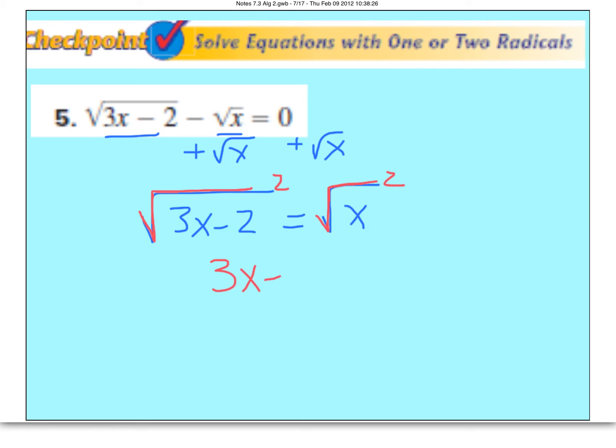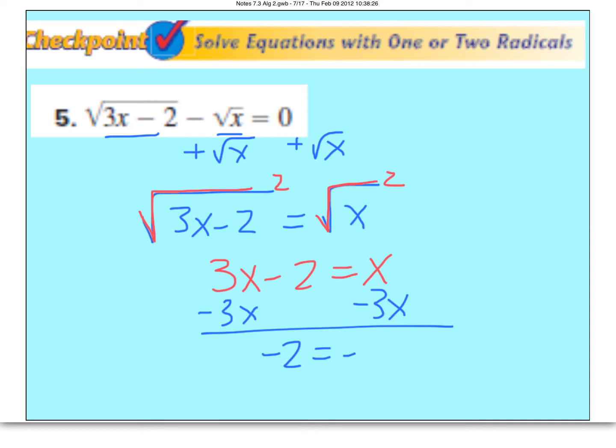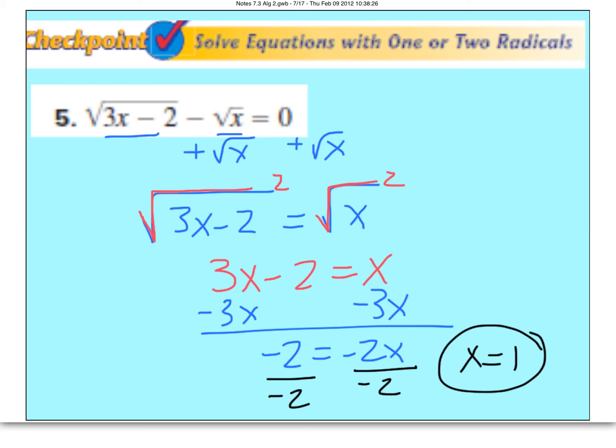So I would just be left with this equation right here. To solve it, let's move the 3x over to the right. So I'm going to subtract 3x, which leaves me with negative 2 equals negative 2x. Then divide by negative 2, so x would equal 1. And if you check your solution on this, it will actually work too.